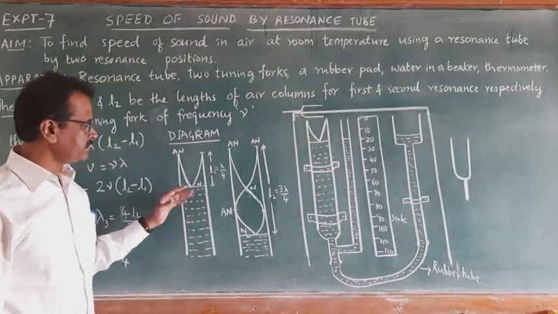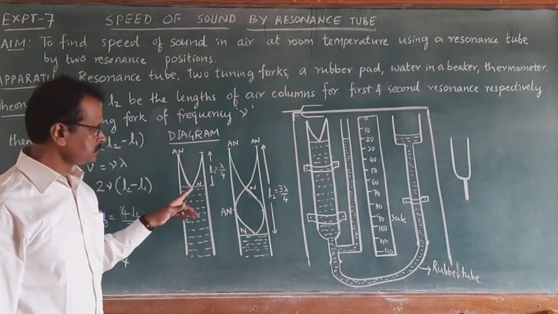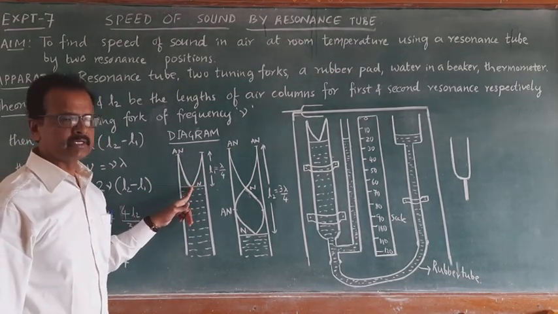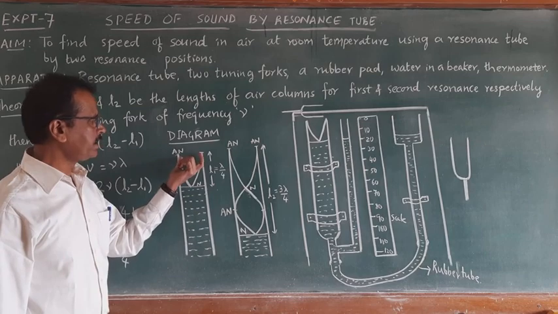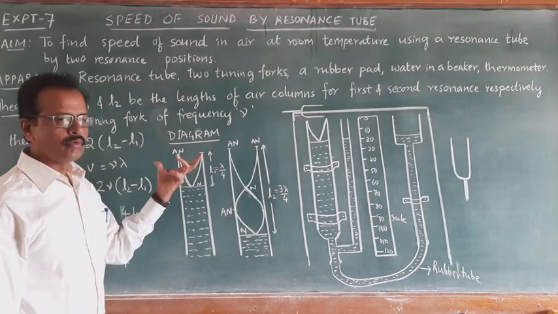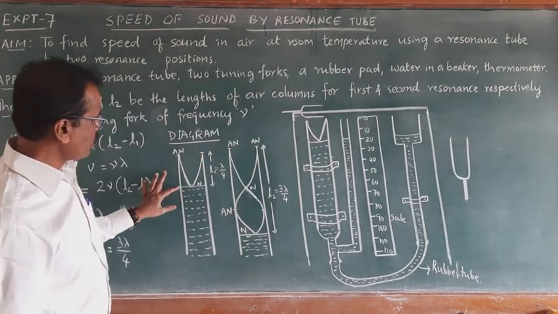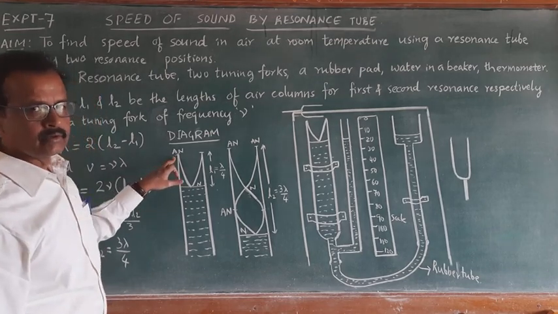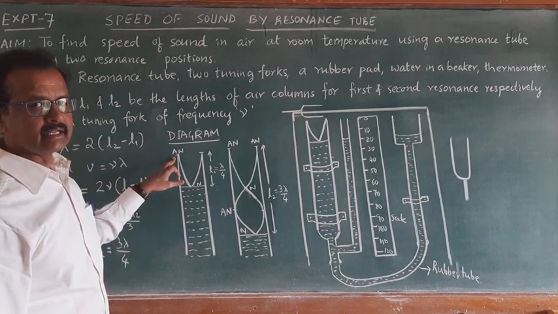Closed end here is nothing but water level. A node forms there with an antinode at the open end. So it acts as one end closed, one end open. We have learned this in the theory.